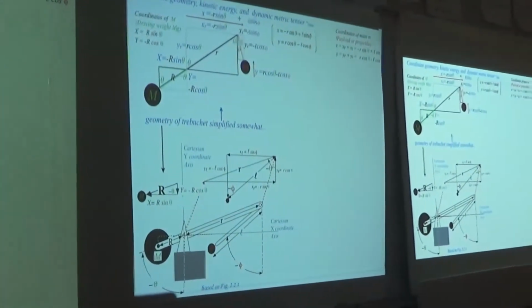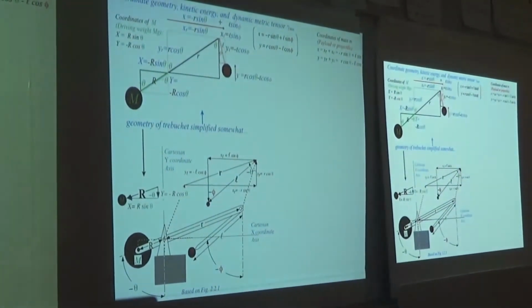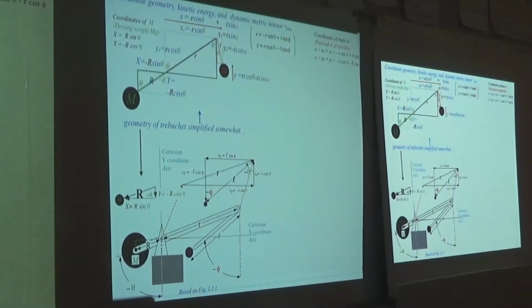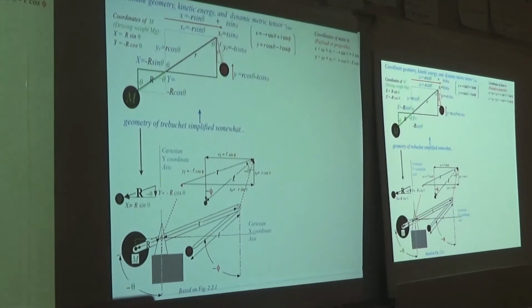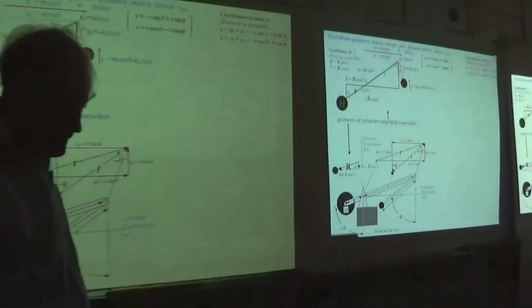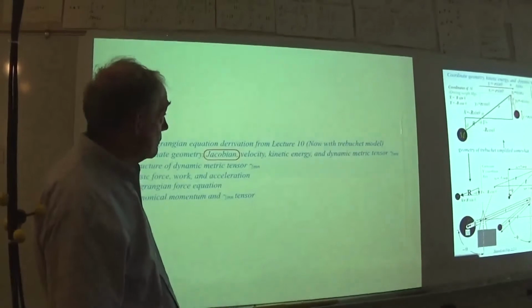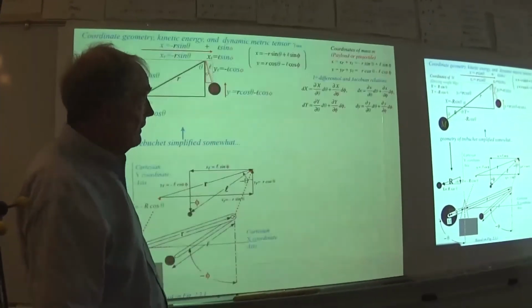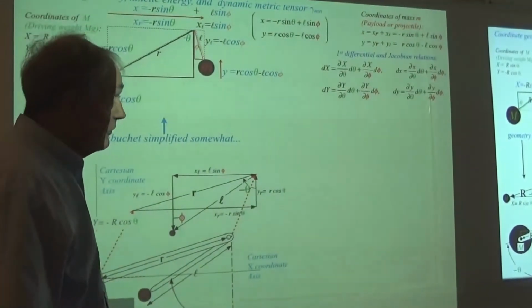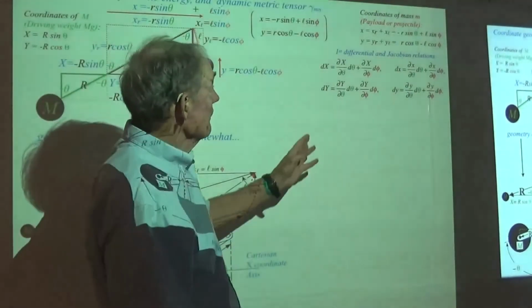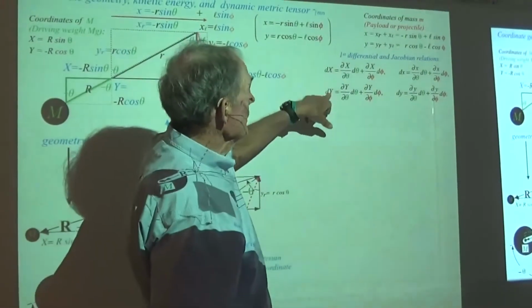So that's really all the geometry there is for this particular system, the way it's being shown right now. Now, the Jacobian, that's what we need to start off mechanics. We have the big X and big Y.